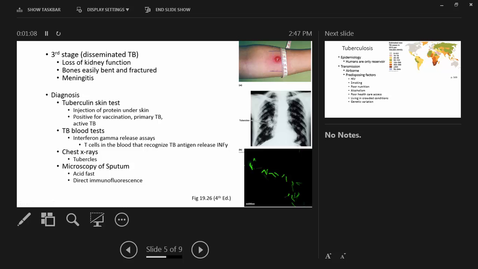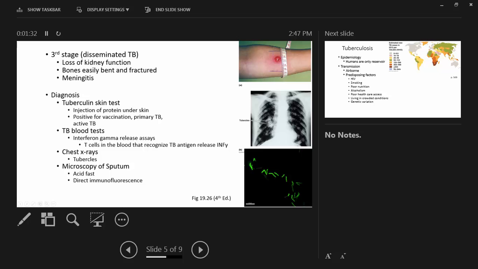Most of you have had these, especially if you have a job in healthcare. You go to the doctor and they'll inject a little of this tuberculin protein under the skin, and then you have to go back a couple days later and see if you have a delayed type hypersensitivity reaction, so redness and swelling where that protein was injected.